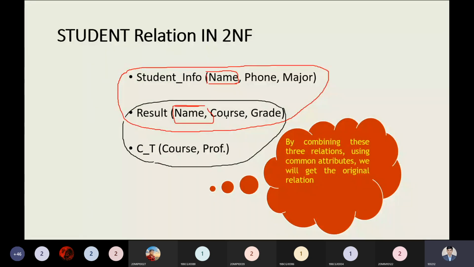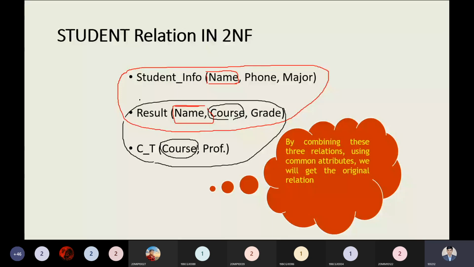So here you can observe the course will be the common attribute. Okay, so that is a point you have to keep in mind properly. While student information and course CT cannot be combined. Okay, so we have to find the common attribute. That is because student information and CT do not have common attributes. If it is so, then we can do it.